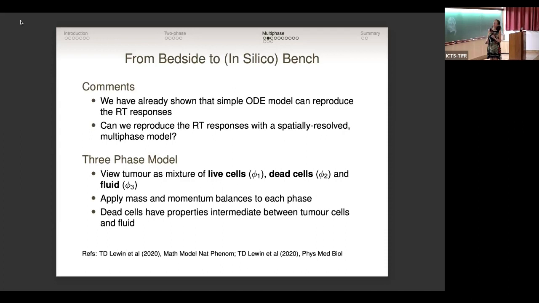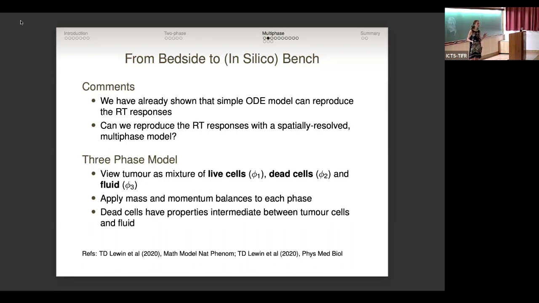Again, this is really just motivating what I've just said. So we're going to view our tumour now as a mixture of live cells, dead cells, and fluid. I can apply mass and momentum balances to each of those phases. And then there's a question of what, so I'll assume that my fluid is an isotropic fluid.